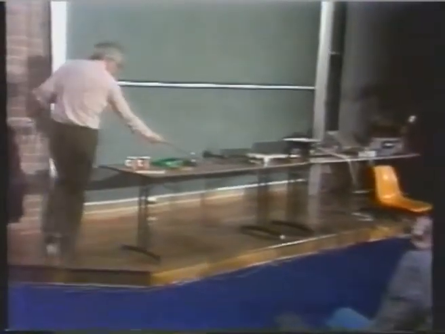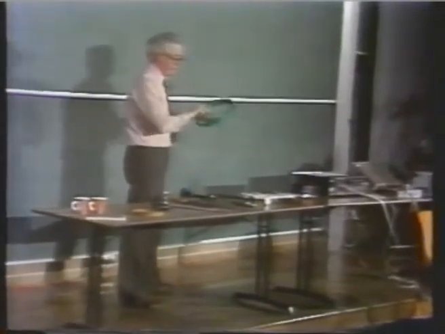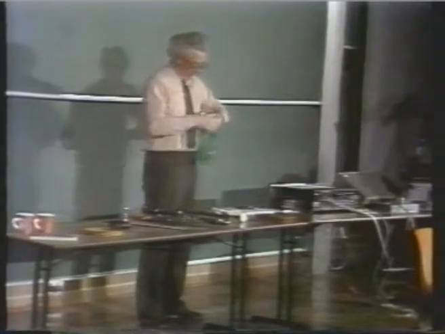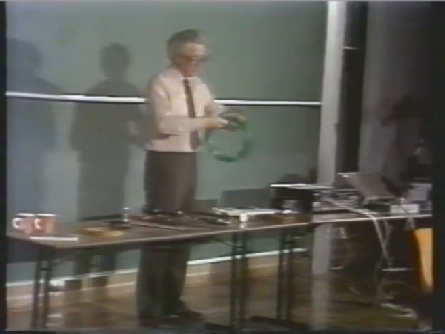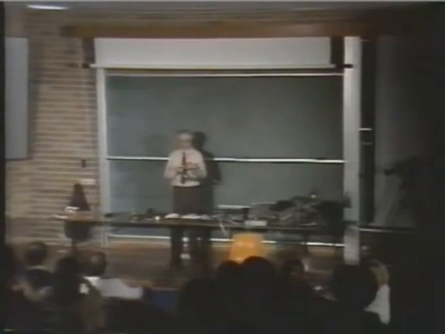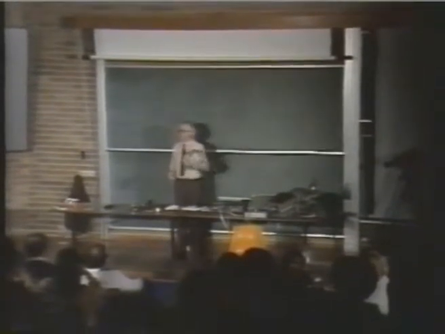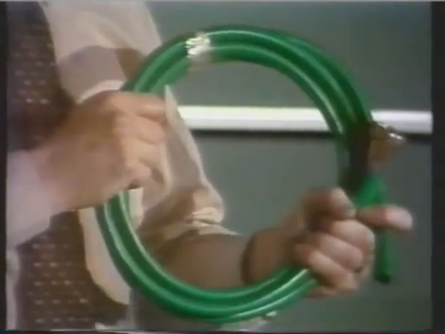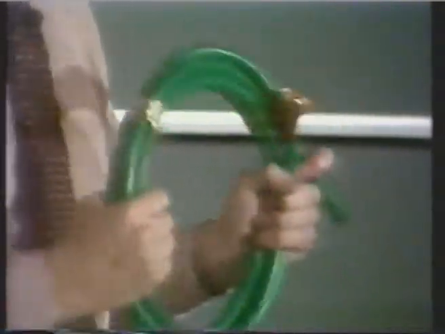And my member of that family is this one, which is 3.5 meters of garden hose pipe. You can see that it isn't a member of the first family because I've only got one. It isn't a member of the second family because I'm not going to bend it or twist it or do anything with it.